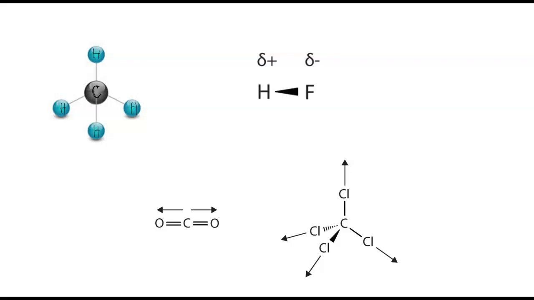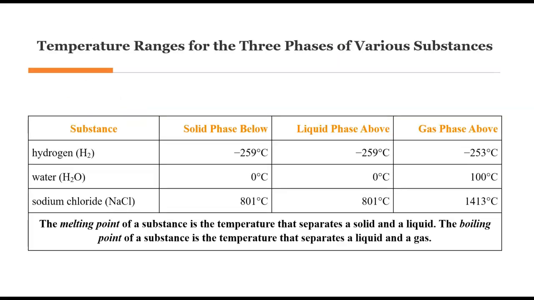So, substances that experience strong intermolecular interactions require higher temperature to become liquid and finally gases. Substances that experience weak intermolecular interactions do not need much energy to become liquids and gases and will exhibit their phases at lower temperatures.